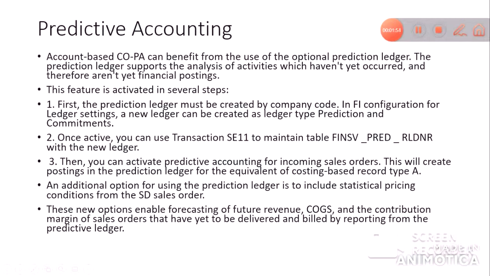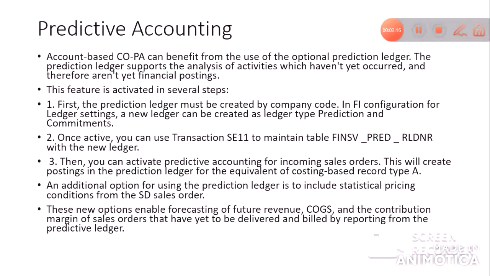So if we want to see what actually the predictive ledger is, it is an account based COPA which can benefit from the use of the optional prediction ledger. So this feature is activated in several steps. First, prediction ledger must be created by company code, and we have to use transaction SE11 to maintain the table.